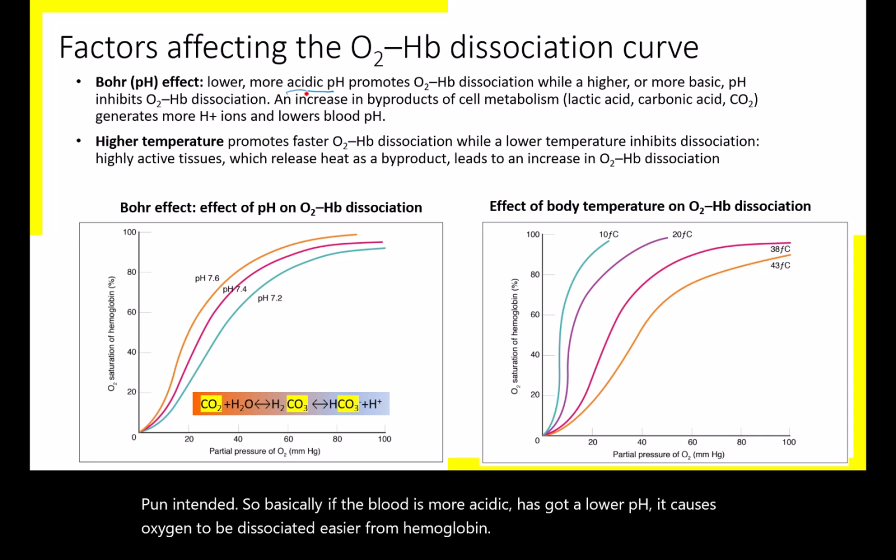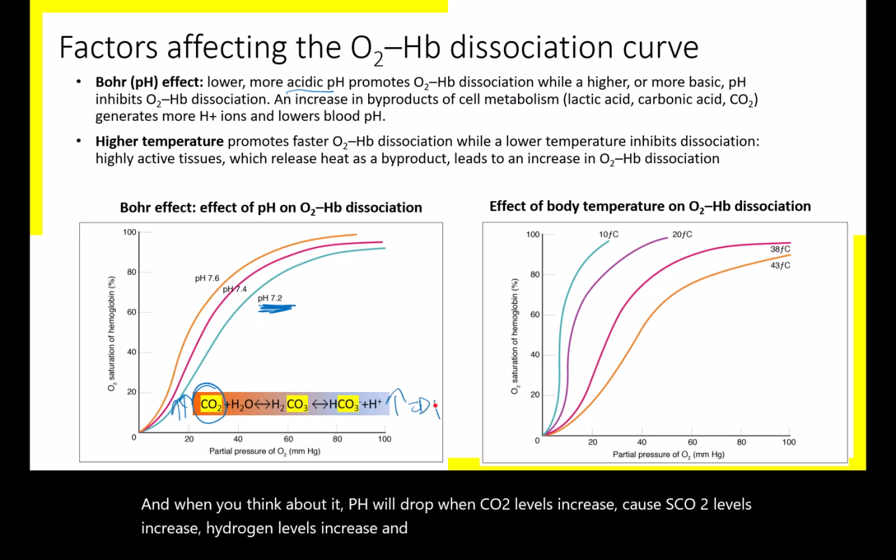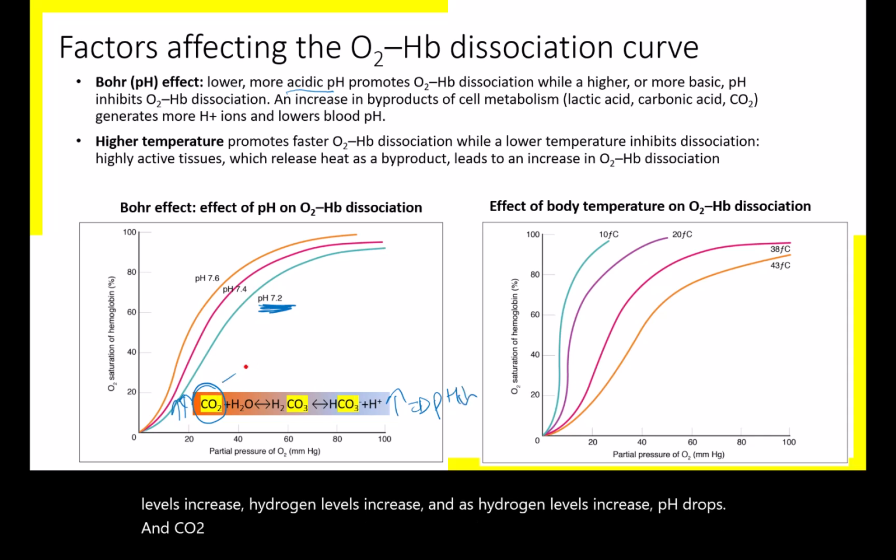And when you think about it, pH will drop when CO2 levels increase, because as CO2 levels increase, hydrogen levels increase, and as hydrogen levels increase, pH drops. And CO2 levels increase with active muscles, right?